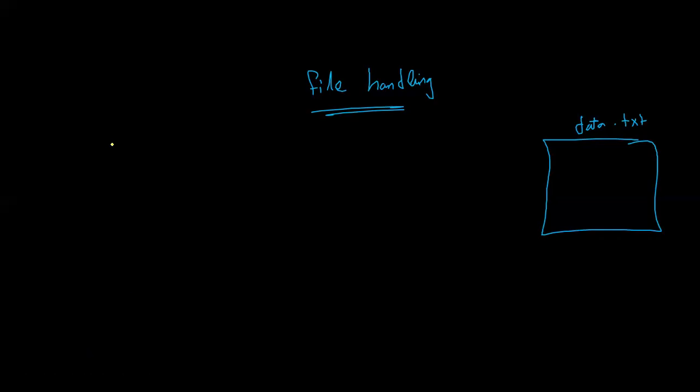Using pseudocode, you write open file, and then you mention the name of the file. And then why you want to open it, for read or for write. Since my file is now empty and I will write on it, I will write for write.